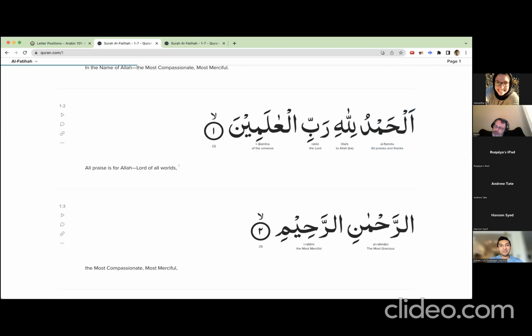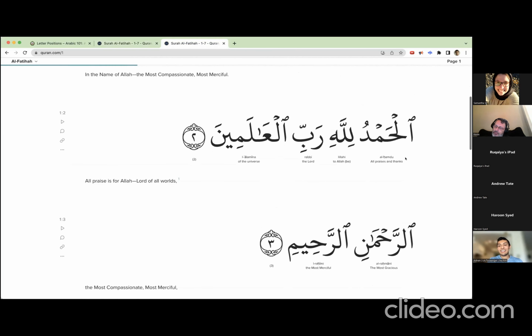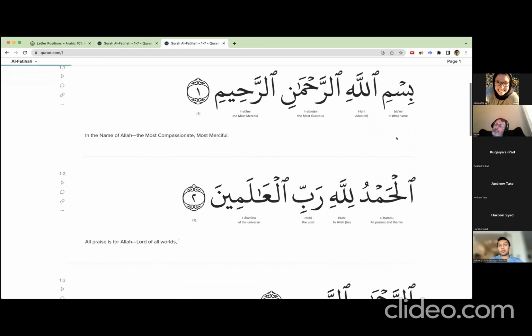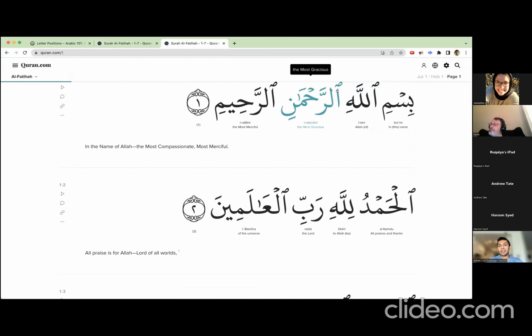All right. Now, if you see the Uthmani script here, look, there's that squiggle. So the thing about the Uthmani script is that it assumes that it's the same squiggle up here. It doesn't mark out the alif. It assumes that you know that if you're starting the word without anything behind it, you make the ah sound.